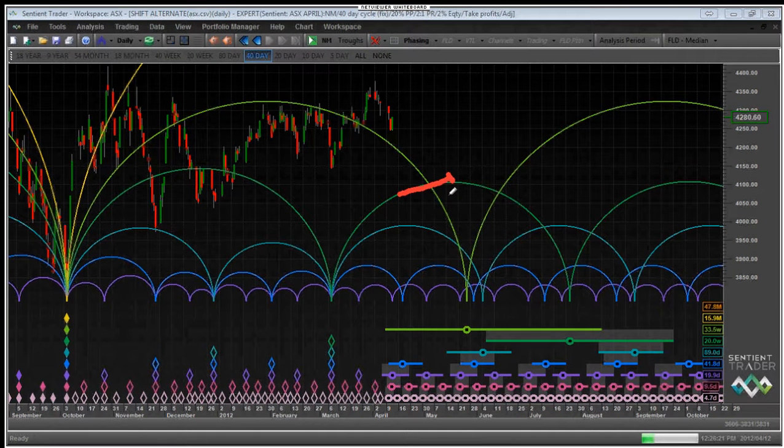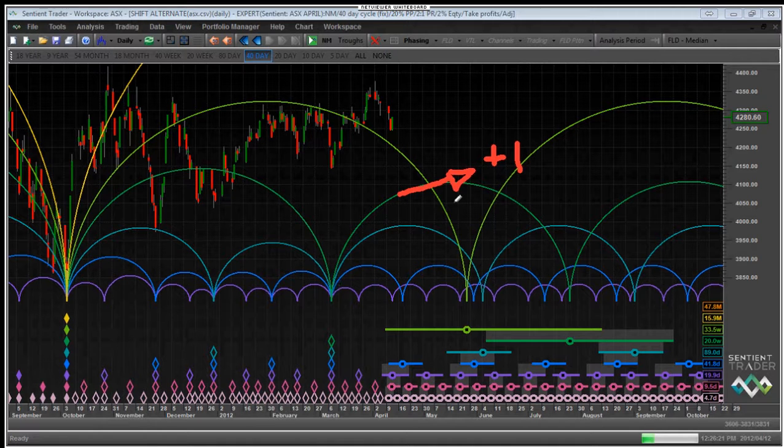The 20-week cycle, as you can see here, is this green cycle, which according to this semicircle, okay, is still pushing up. All right, so we'll give it a +1. Why do I say according to the semicircle? It's very important when you're using the semicircles to work out what's happening in the cyclic picture of the market, that you understand that the semicircles are a very rough graphical tool.